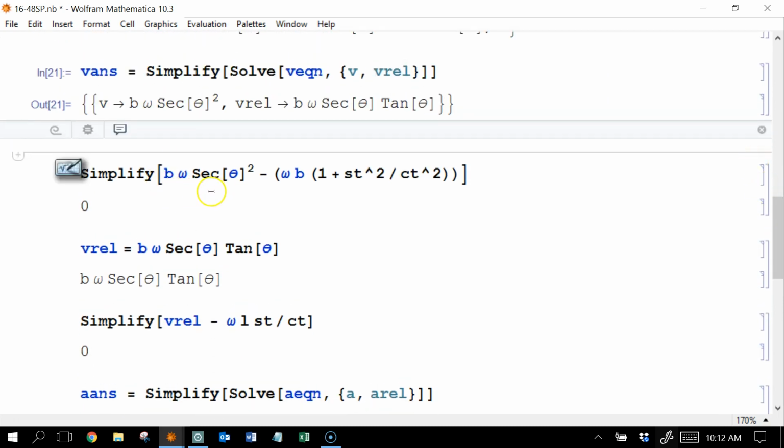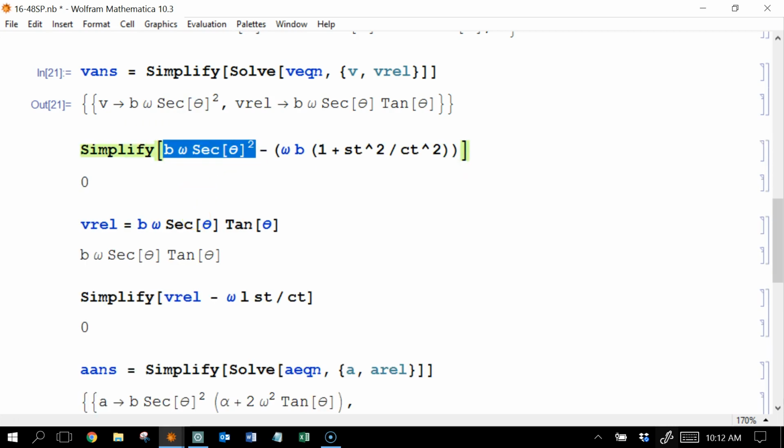Now here I was just checking the work that I did by hand to make sure that I had the correct values. So I just copy and paste. I copied this and pasted it in right here. So that's what Mathematica is saying.